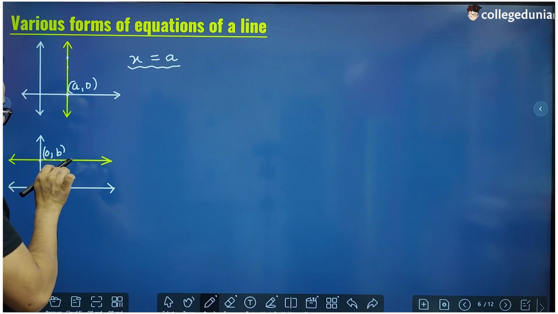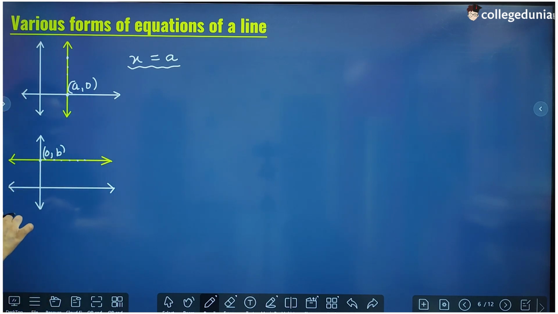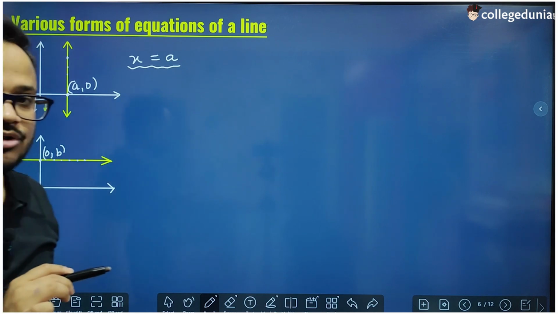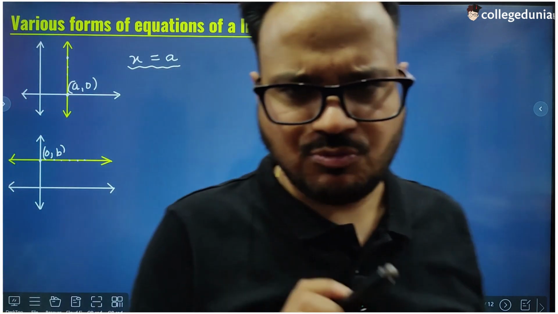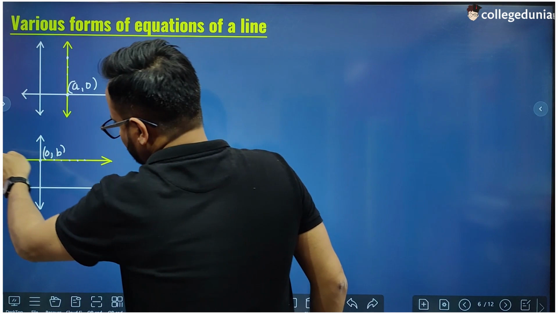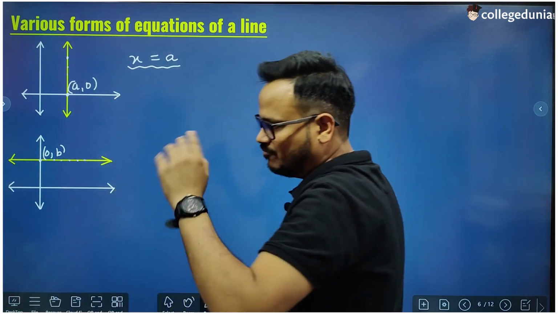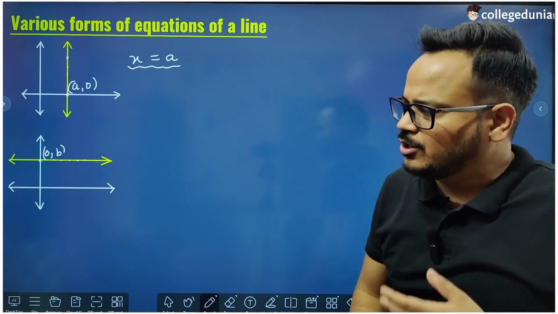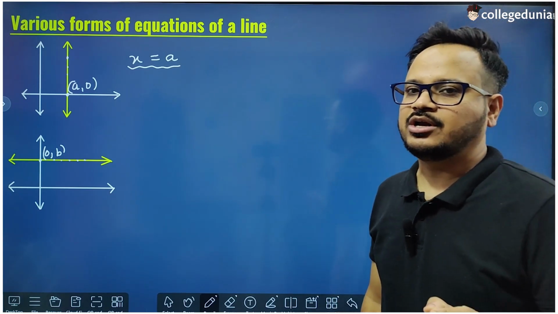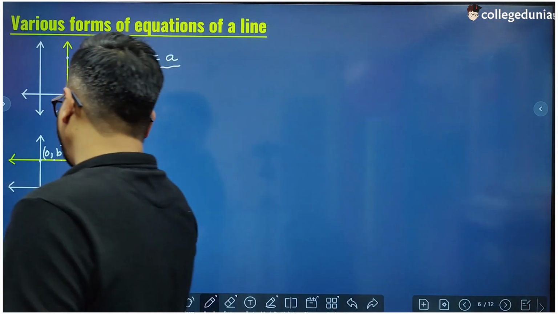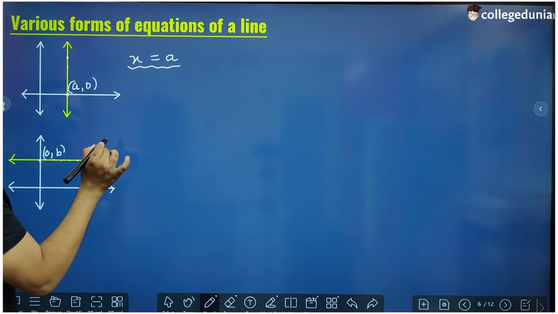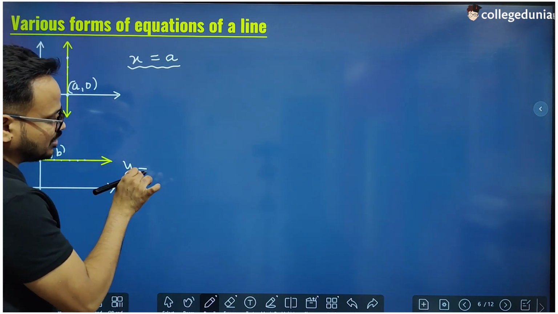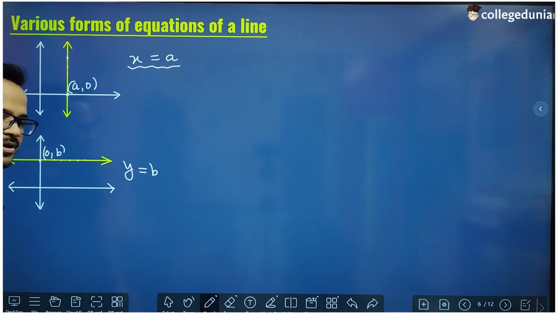So the y coordinate of every point on this line is b, irrespective of the x coordinate. If we move along this direction, we are going away from the y axis, so the x coordinate of the point will change, but the y coordinate will not change, and that will always be b. So we can say that the equation of this line is y equal to b, right?